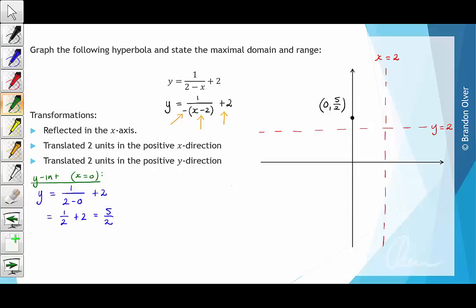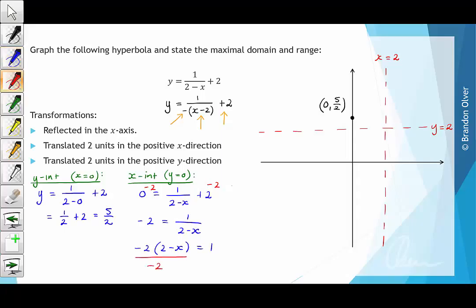And next we can find the x-intercept, which is where y is equal to 0. So if we sub y equal to 0 into the equation, we get 0 is equal to 1 divided by 2 minus x, plus 2. Subtracting 2 from both sides gives negative 2 is equal to 1 divided by 2 minus x. Then if we multiply both sides by 2 minus x, we have minus 2 times 2 minus x is equal to 1.